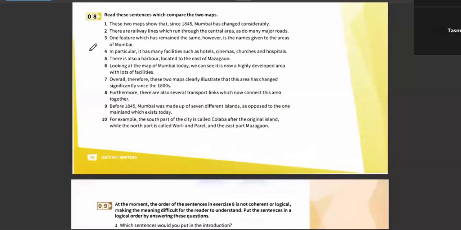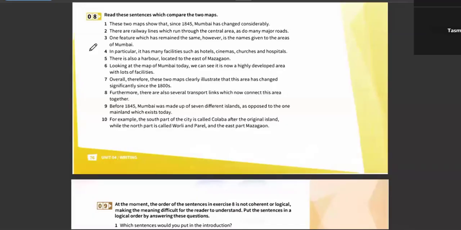And there is one more inclusion, that is number nine. Number nine can be included in the introduction as well as in the first paragraph. So either you can add it in the introduction after adding number one, or you can skip writing this in the introduction.